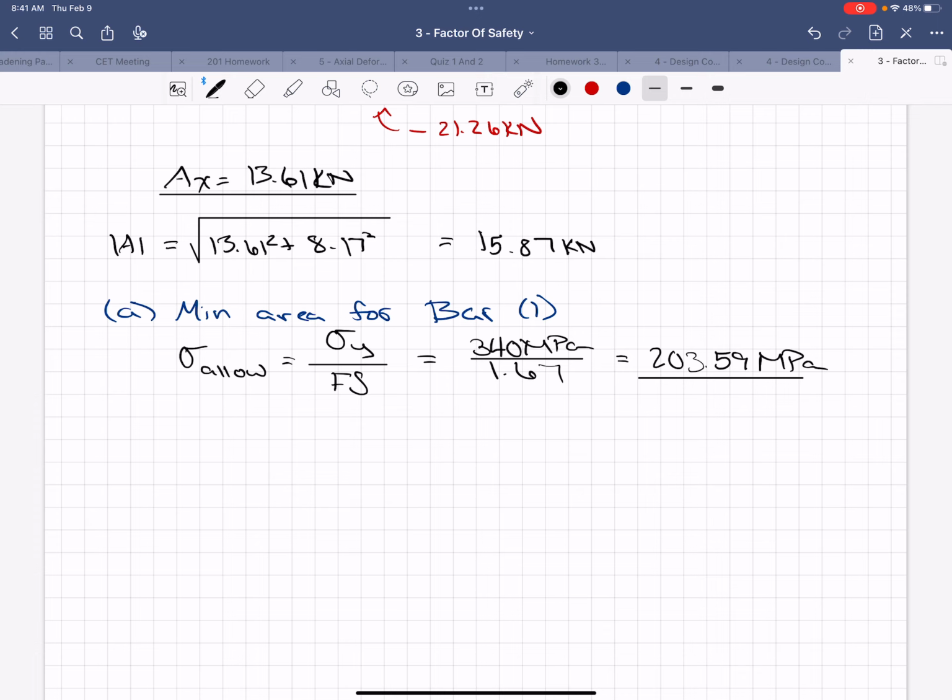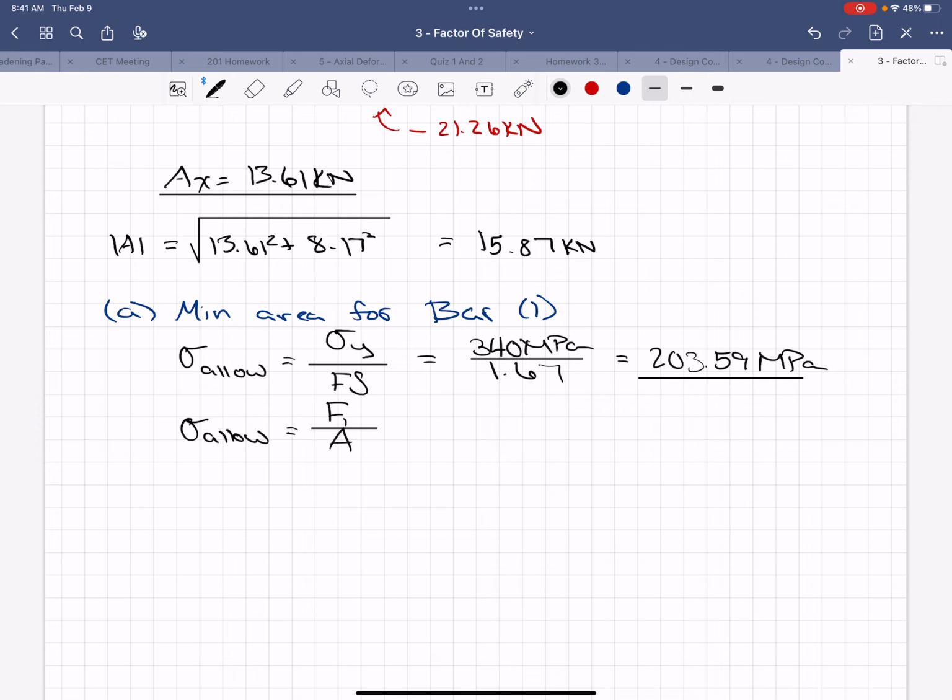So then to find the minimum area, we go back to our stress equation, and it's going to be sigma allow equals F1 over the area.